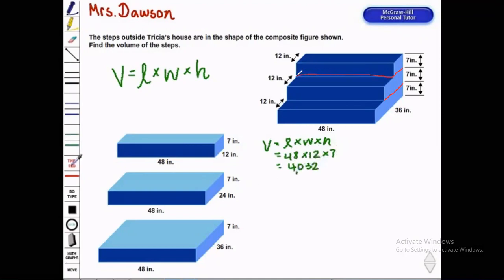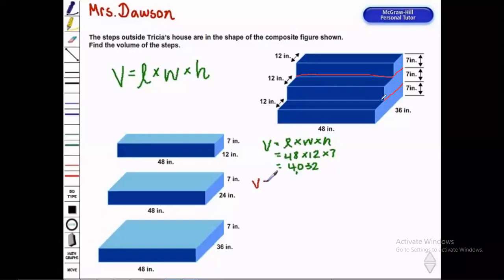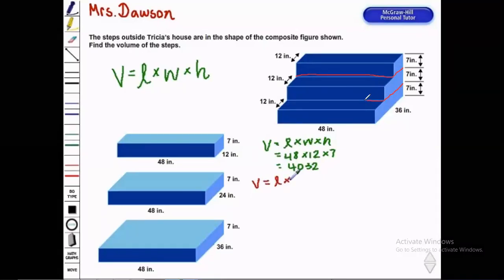For the second step, we use the same formula to find the volume of a rectangular prism. However, because it is the middle step, it is deeper because it is holding up the top step. So it goes back further.